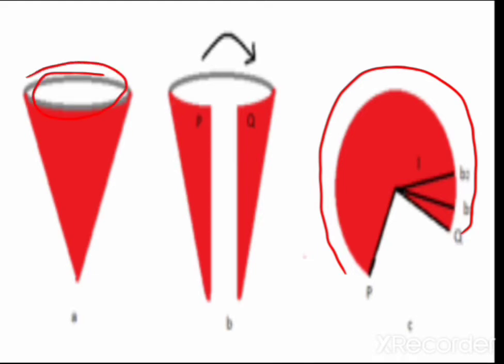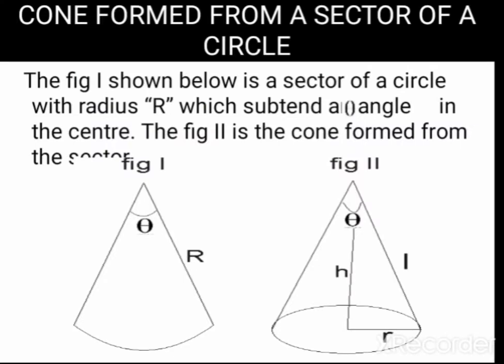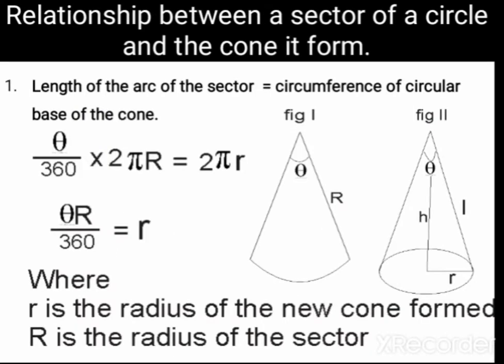So the very first relationship is that the length of the arc of a sector is equal to the circumference of the circular base of the cone.